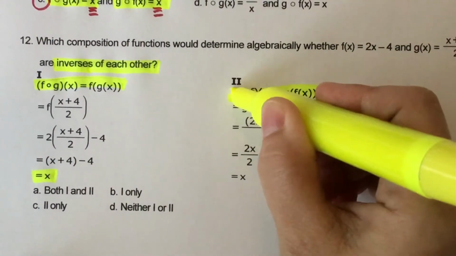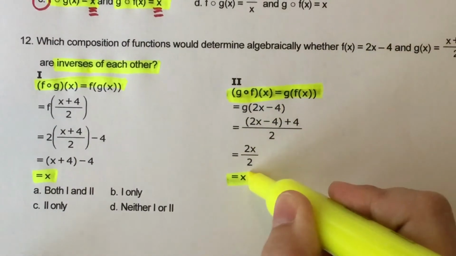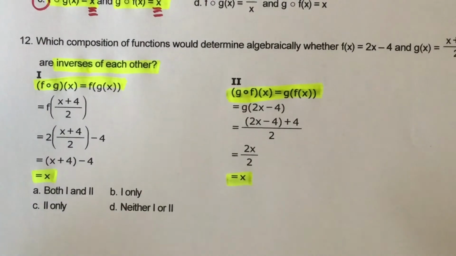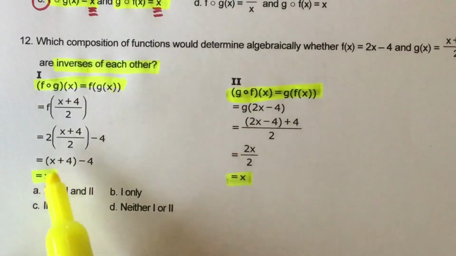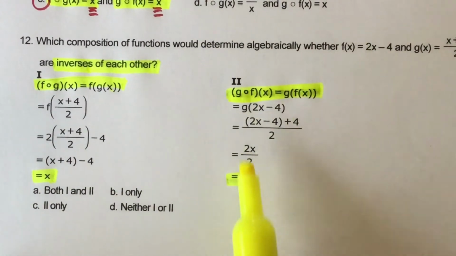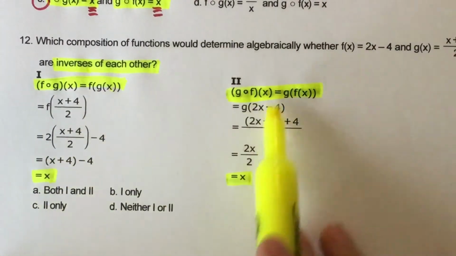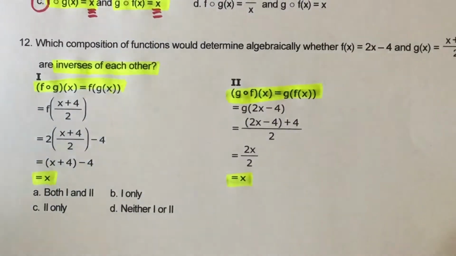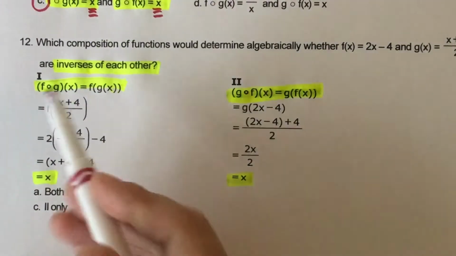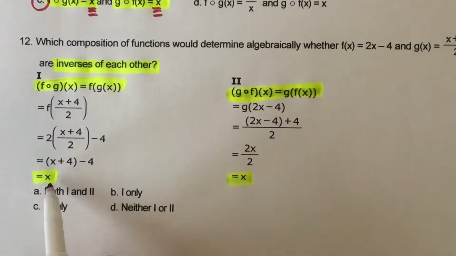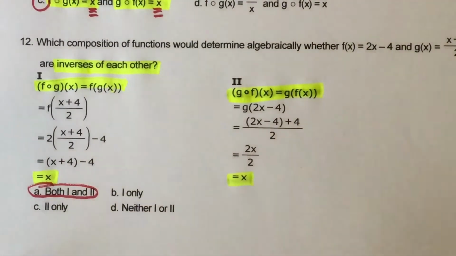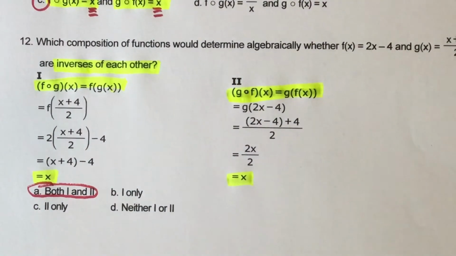Both of those have to happen. f of g of x has to equal x, and g of f of x has to equal x. If they don't both equal x, they are not inverses. So both number 1 and number 2 have to happen.